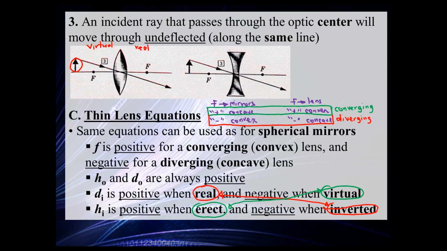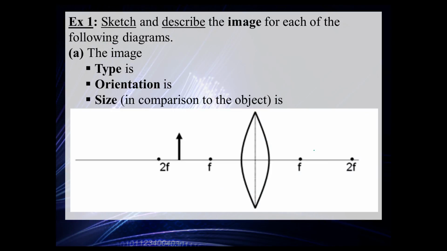Okay, so let's get into a couple of examples. I'm not going to go through any mathematical problems. Like I said, the equations are just the same. You just got to be careful whether the focal length is positive or negative.